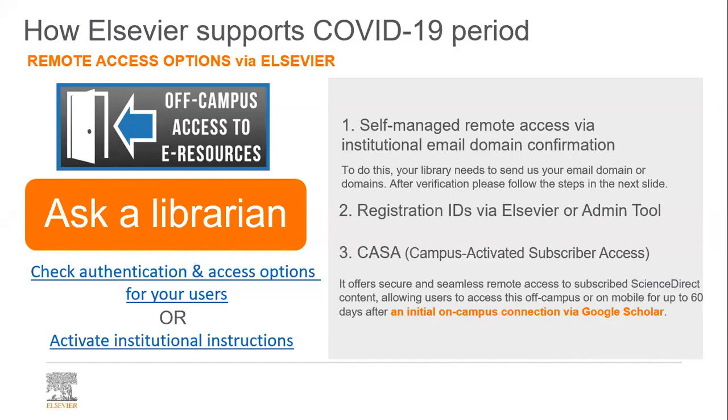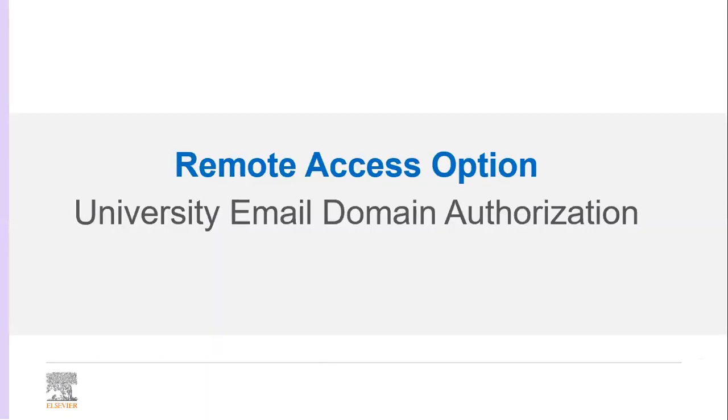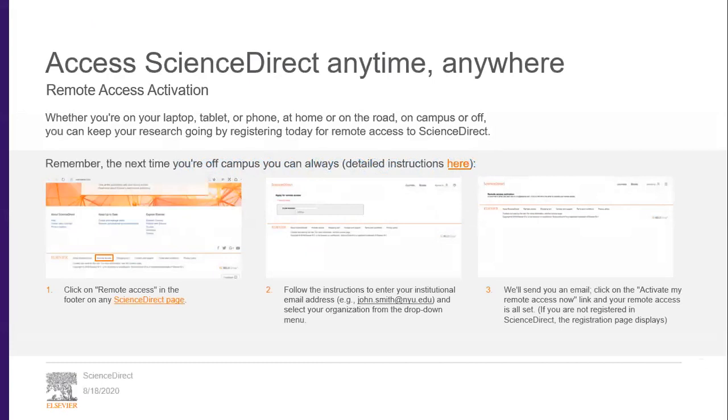I would like to talk a little about this self-managed remote access via your university email. It is very easy to activate. For example, if you can't use your university alternatives, or because of very busy traffic there, you may set up this activation for ScienceDirect, and it is very easy.